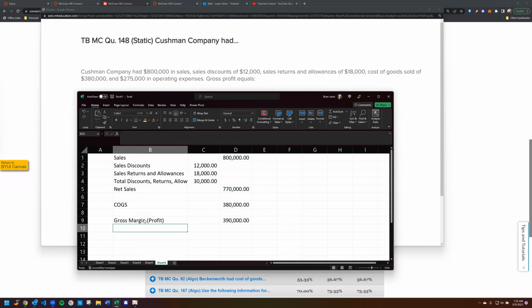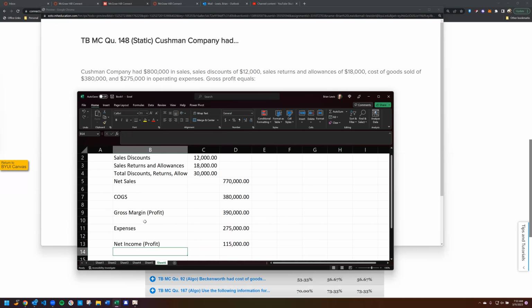Now, theoretically, I could just stop here, but I'm just going to go ahead and do a full P&L for you. So you have expenses of 275. So our net profit, net income, sometimes they call it profit, is the 390 minus the 275.